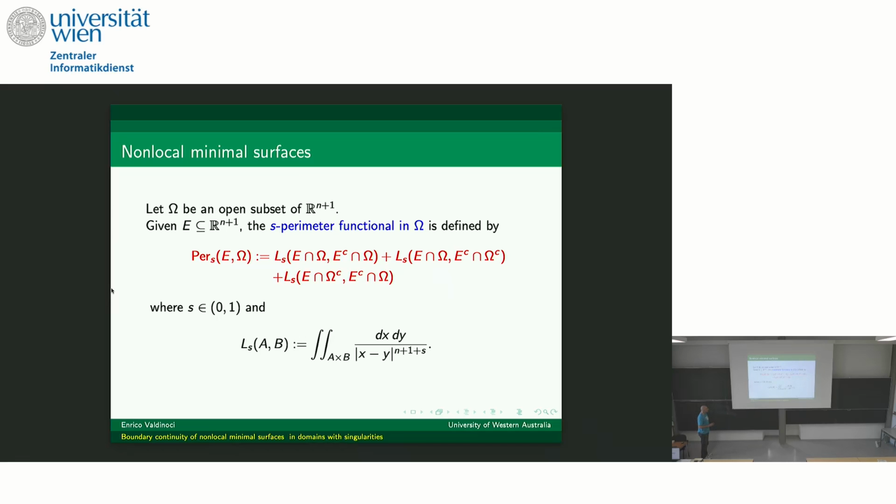So the main topic of this talk are non-local minimal graphs. I will study surfaces with the graphical structure. For me, graphical means a function from Rn to R. So my environment is Rn plus 1.